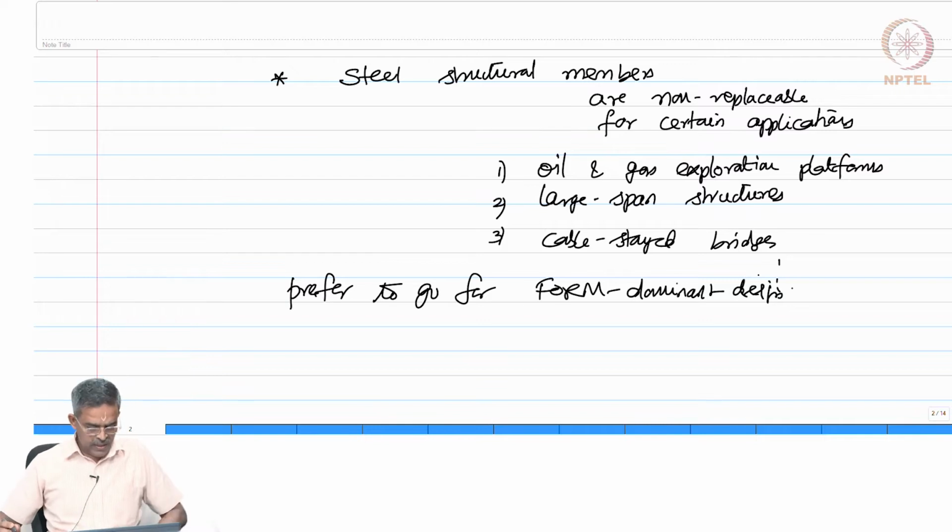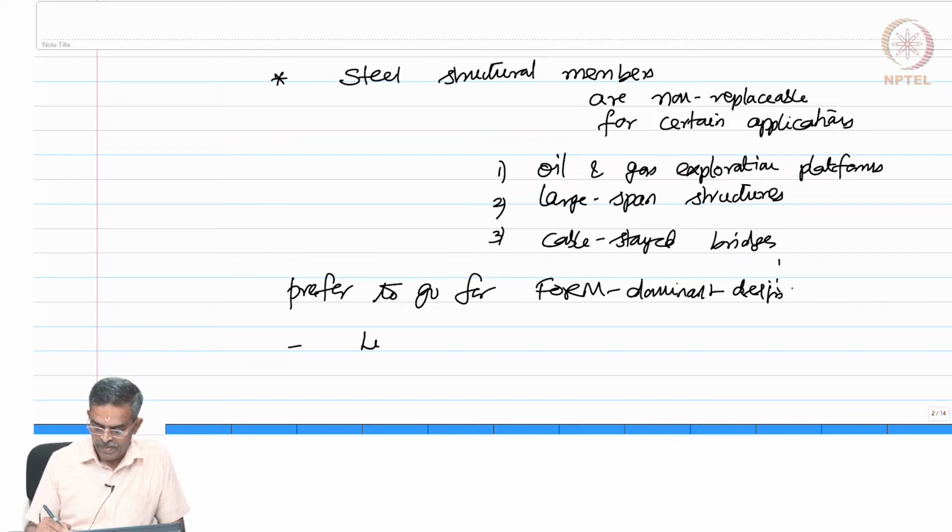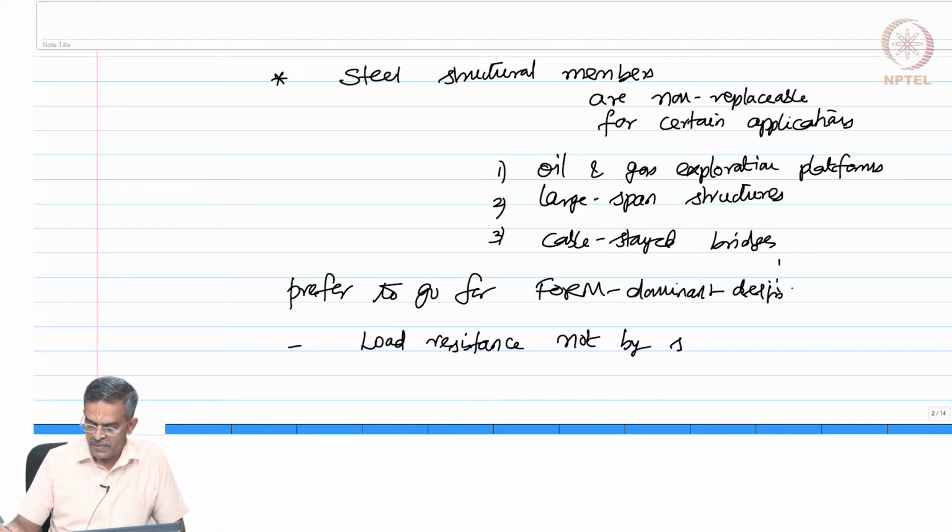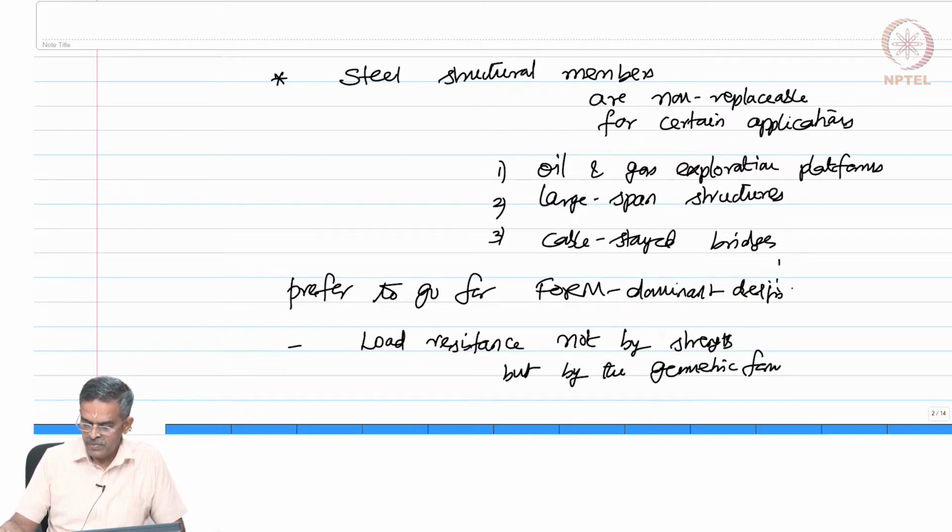As explained earlier, form dominance is load resistance not by strength, but by the geometric form of the structural system.